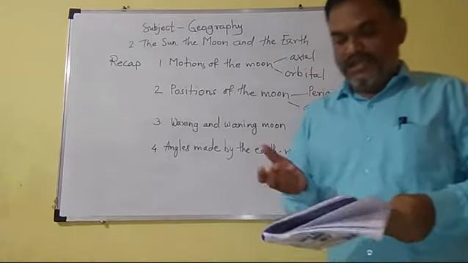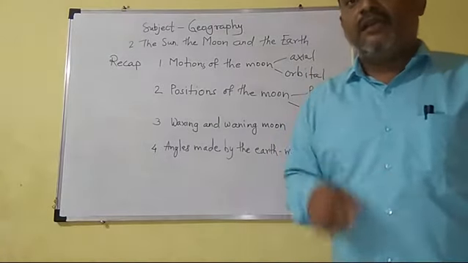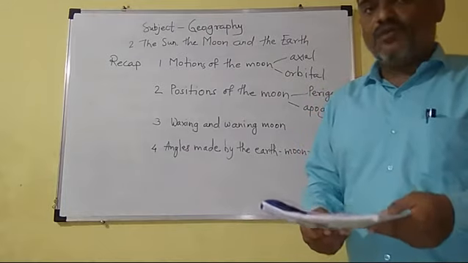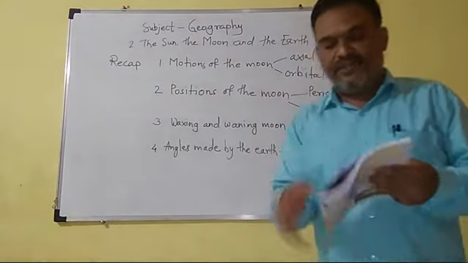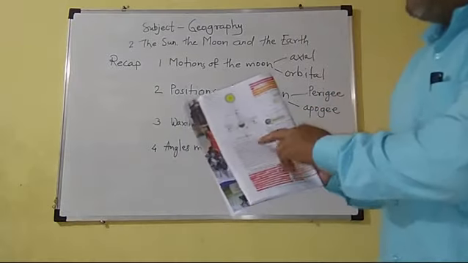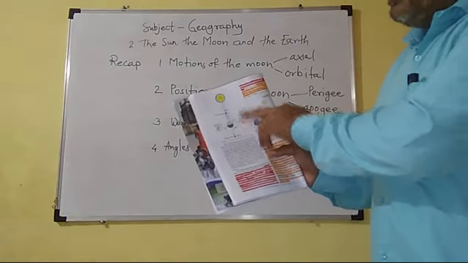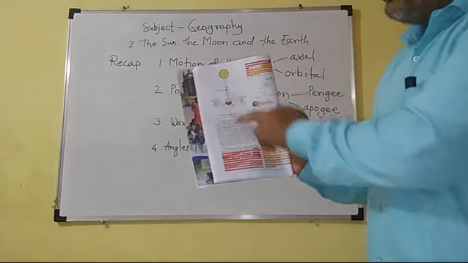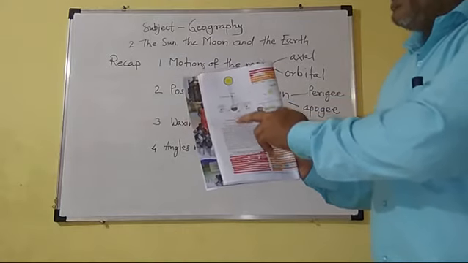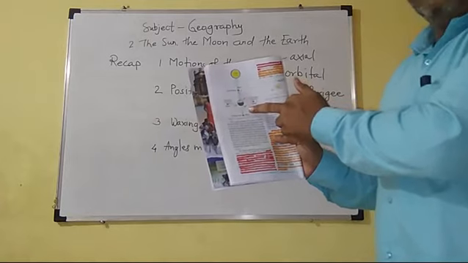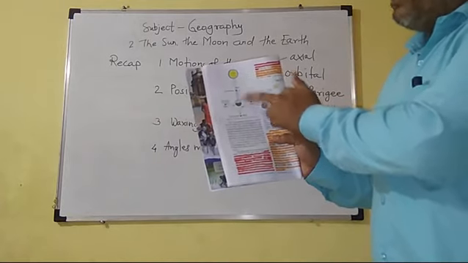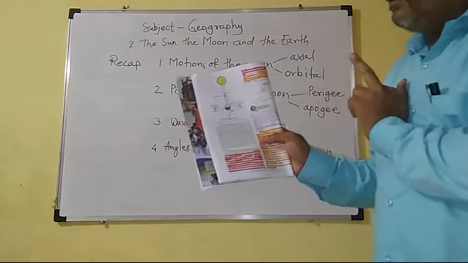While revolving around the earth, the moon is on the opposite side of the sun on a full moon day. You can see in the figure. On a full moon day, the moon is on the opposite side of the sun, and on new moon day, the moon is in between the sun and the earth.